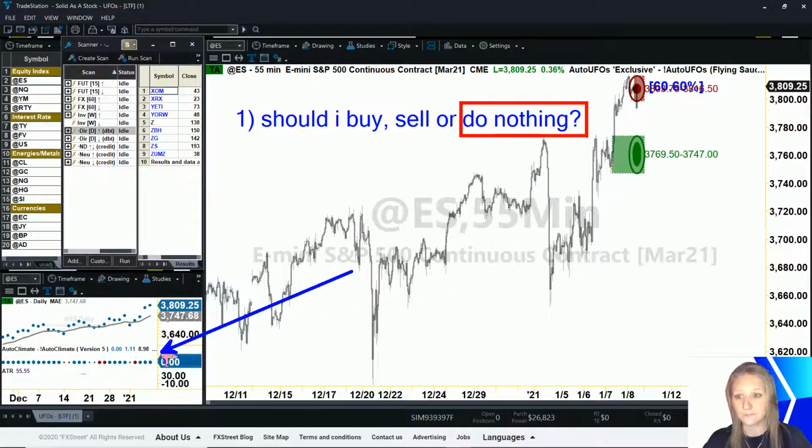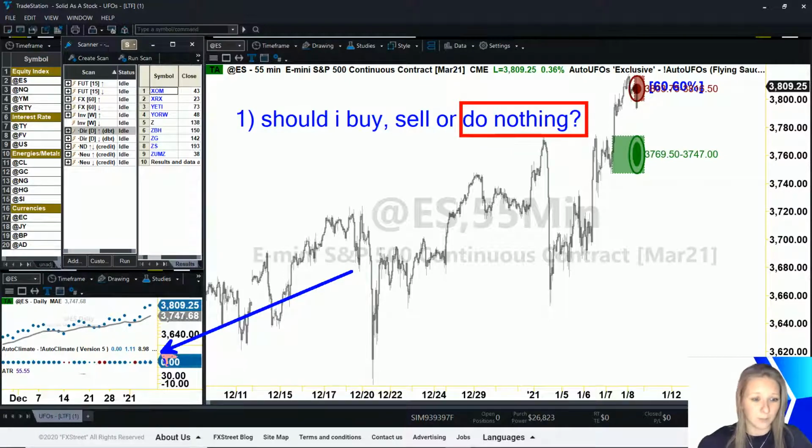Loads of different indicators they could use, the way they visually see the markets. It depends what timeframes they use. It depends what the news is, whether they look at fundamentals or not, which news stations they look at, which fundamentals they look at. There are so many different reasons why somebody could get confused as to whether they should be buying, selling, or doing nothing. So for us, it's just a very simple piece of technology.